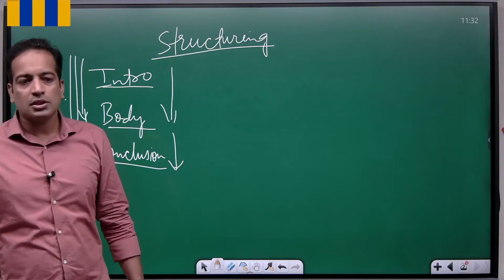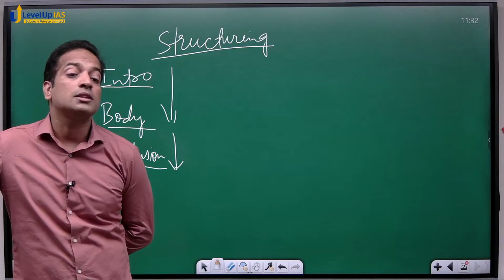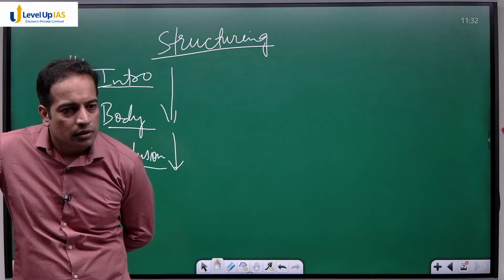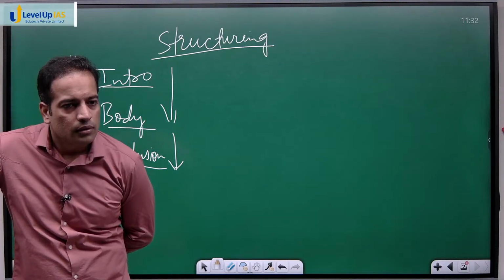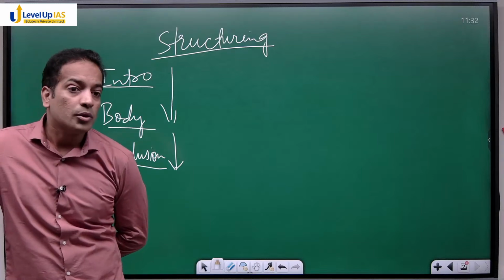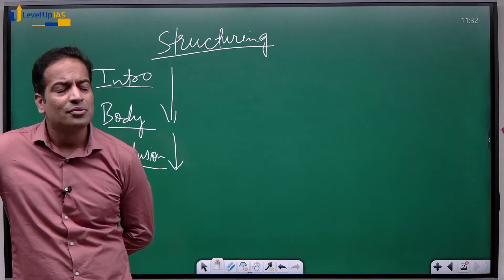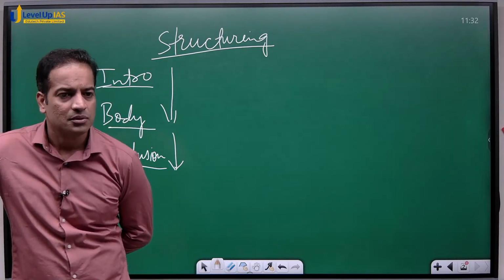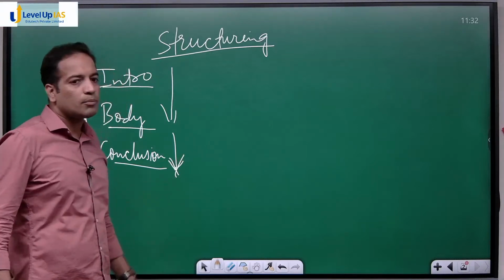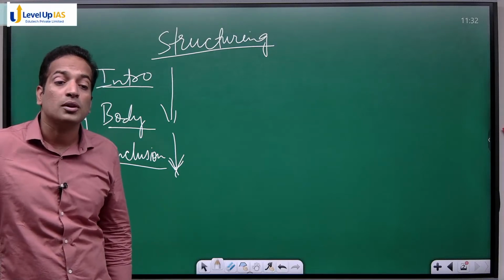Suppose the question is about population control, and in the suggestion you say that the government should go for strict enforcement of population control law. Okay, the government has a particular stance, but that cannot be your stance, because that goes against a lot of common human values. Naturally your marks are going to dip by 2 marks. Perhaps I was thinking of 4, you might be getting 2, 2.5.